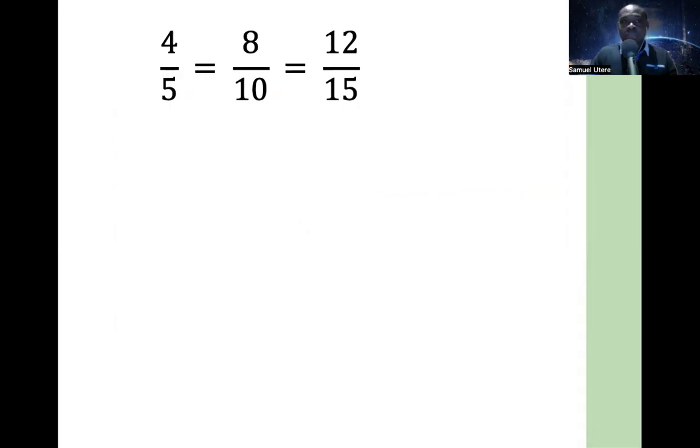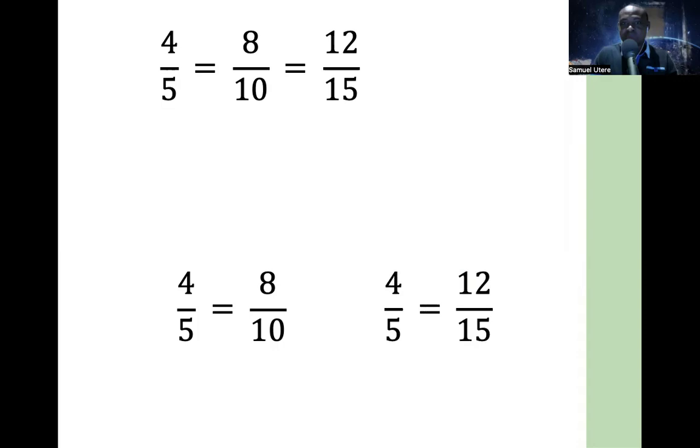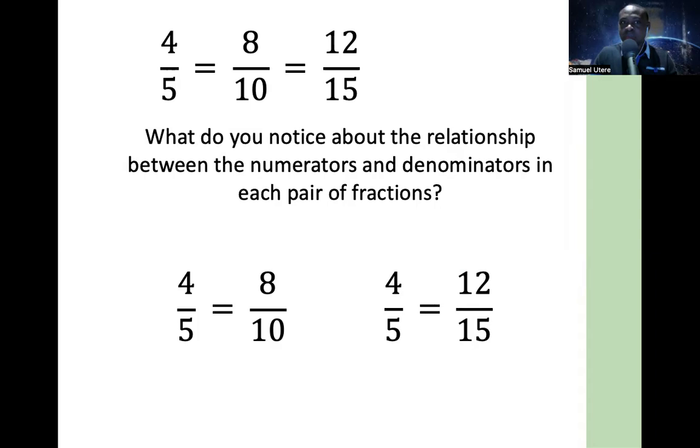Remember earlier from our first example, we had something like this. What's the relationship between 4 and 8? Think about your times table. And 4/5 and 12/15. Have a think. Well, you may have noticed this. 4 times 2 gives us 8. And if we multiply the denominator, which is 5, by 2, we'll get 10.